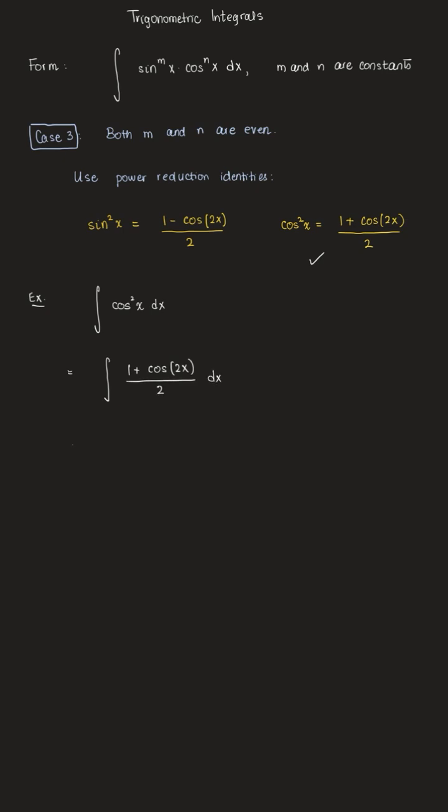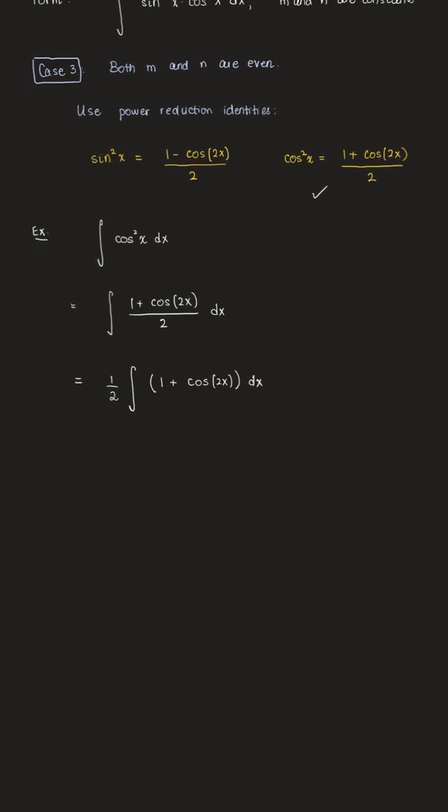And since both terms in the numerator are being divided by 2, I'm actually going to factor out a 1/2 outside of the integral. And then what we have left is the integral of 1 plus cosine of 2x dx. And at this point, we can go ahead and integrate.